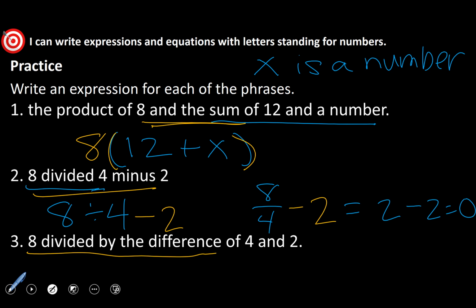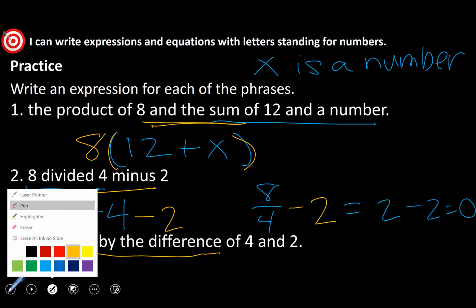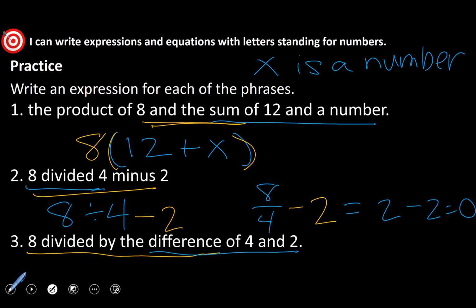Because now I have 8 divided by the difference, but I need to figure out the difference of 4 and 2 first, because that would be the difference. So I'm going to do 4 minus 2 in parentheses, and then we're going to do 8 divided by that.